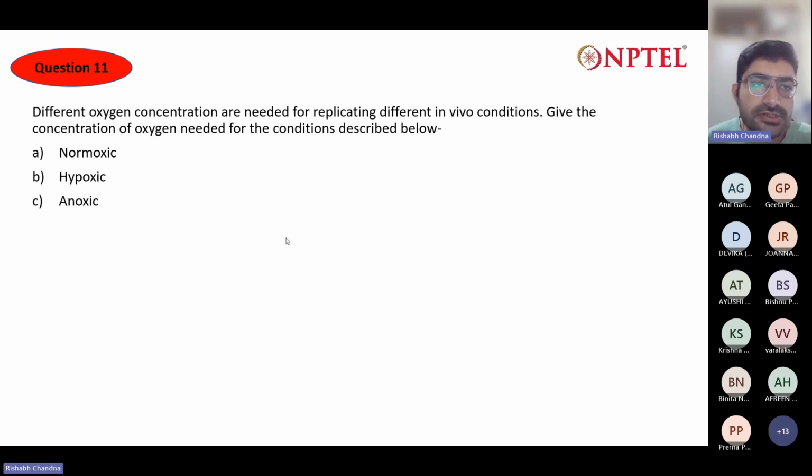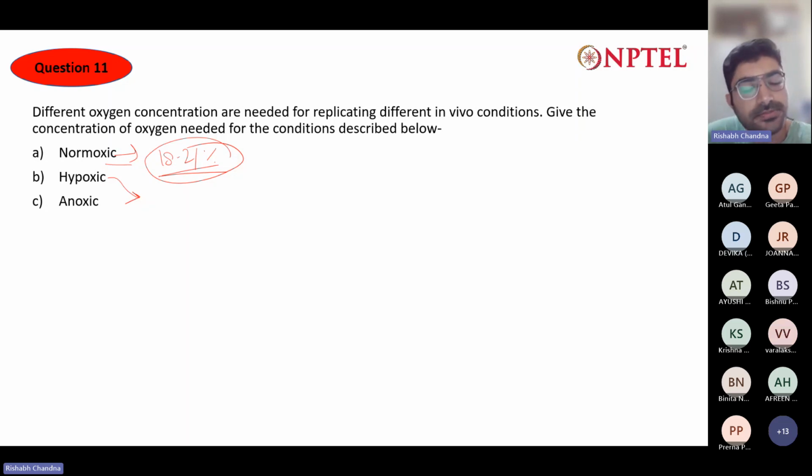So yes, for normoxic conditions, we generally use 18 to 21% oxygen. That is the range maintained in normoxic conditions. And for hypoxic, can anybody tell? Less than 90%. Okay.